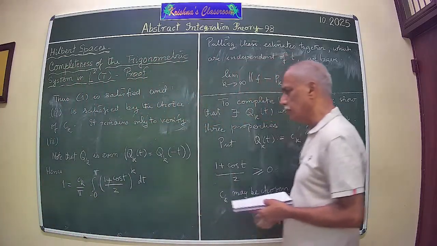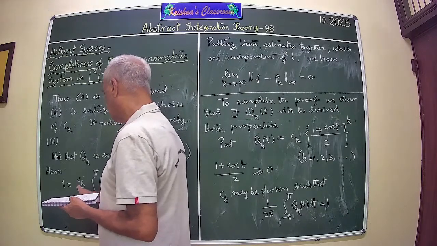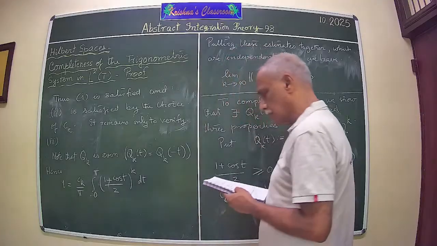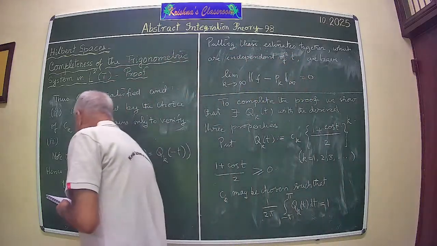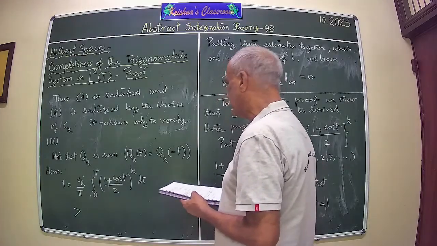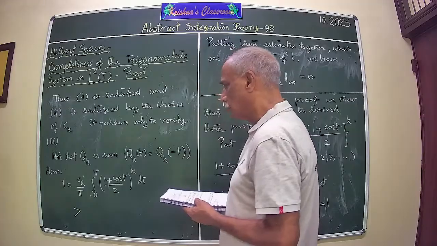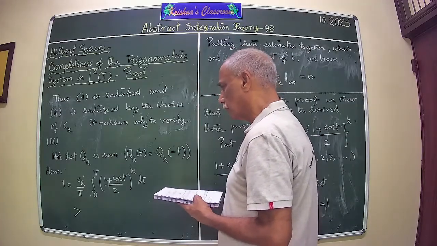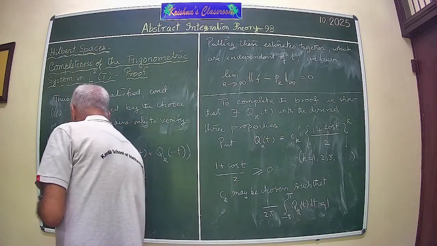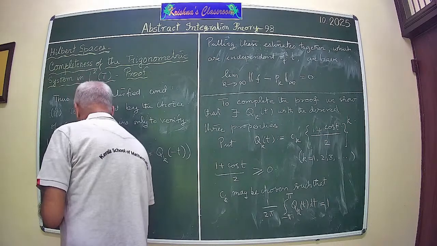Since it is even, the 2 that you have here, ck by 2 pi, that 2 gets cancelled. Because you split it on the interval minus pi to 0 and 0 to pi. Okay. So this is what you get. So this is equal to ck by pi integral 0 to pi.